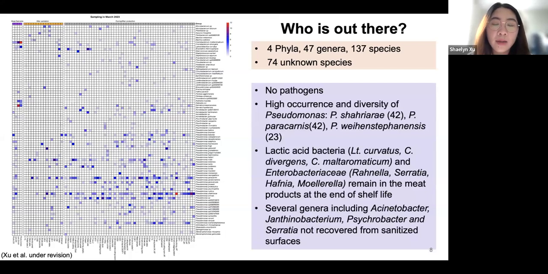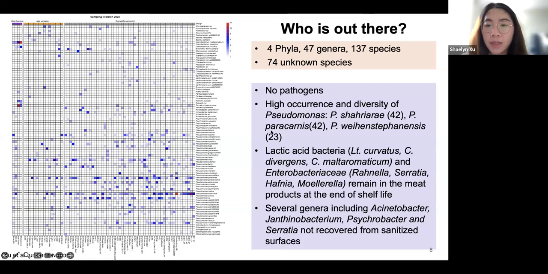More importantly, no pathogens were detected at both sampling times. High occurrence and diversity was seen among Pseudomonas species. For example, 3 Pseudomonas species occurred in over half or one third of the sampling sites at both sampling times.